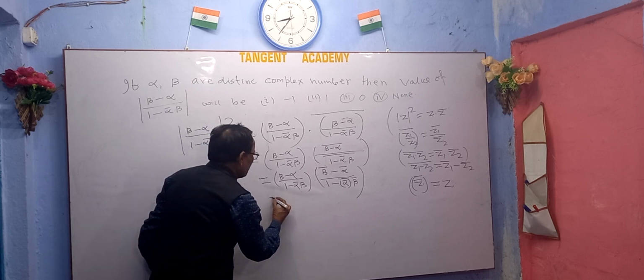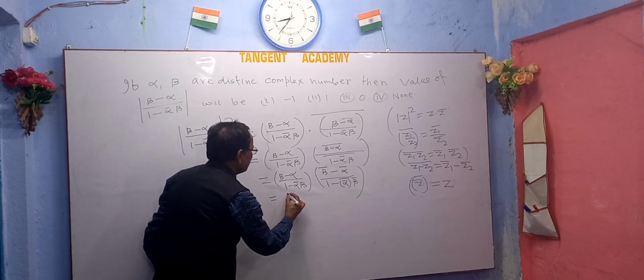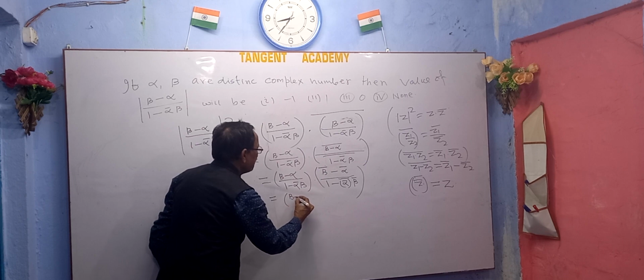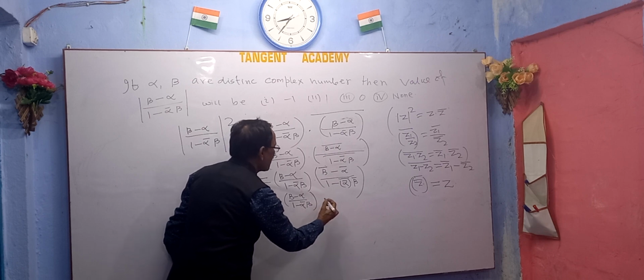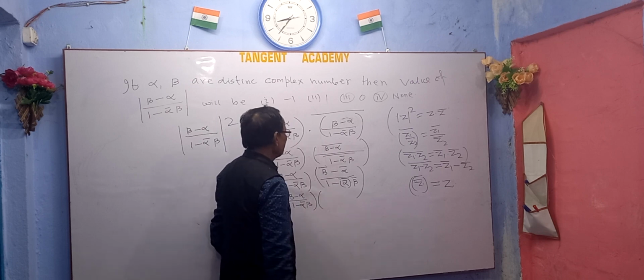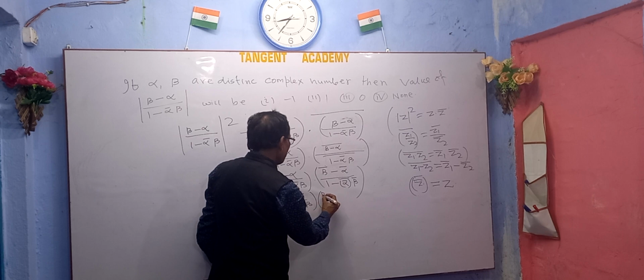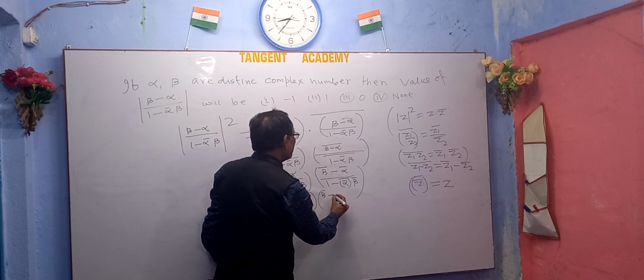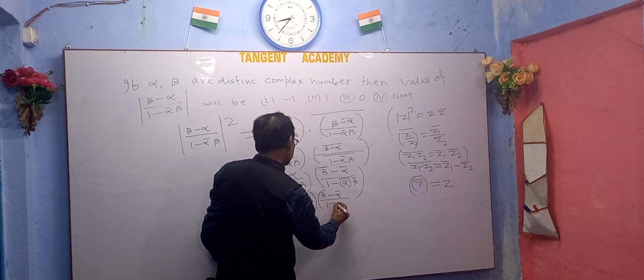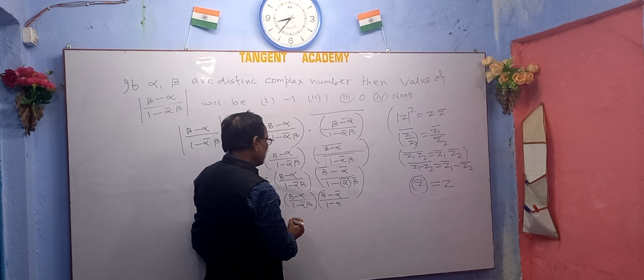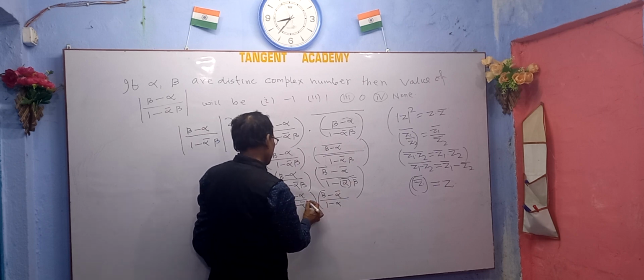So this value may be written as (beta minus alpha) divided by (1 minus alpha bar beta) into (beta bar minus alpha bar) divided by (1 minus alpha beta bar).